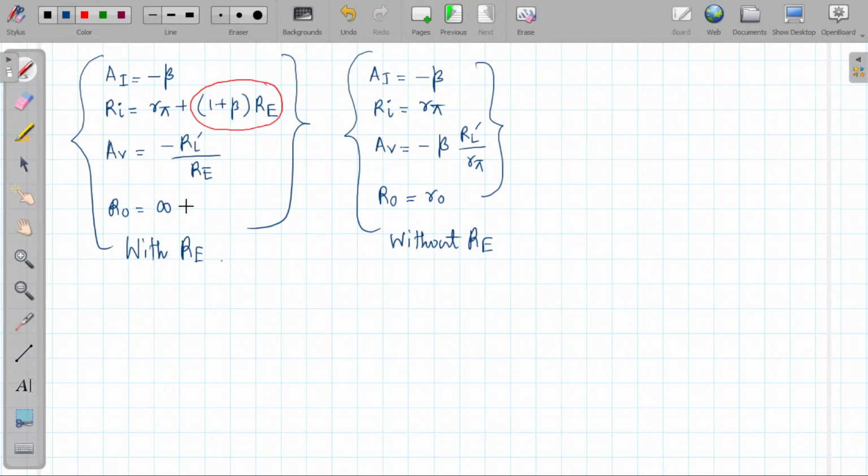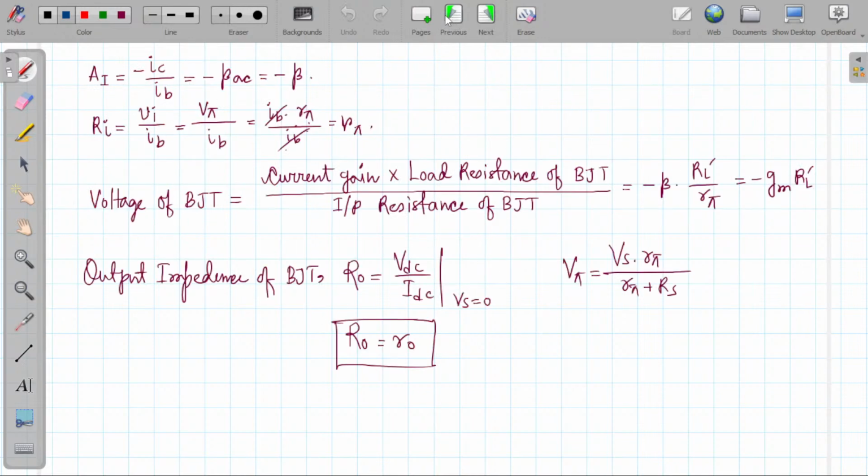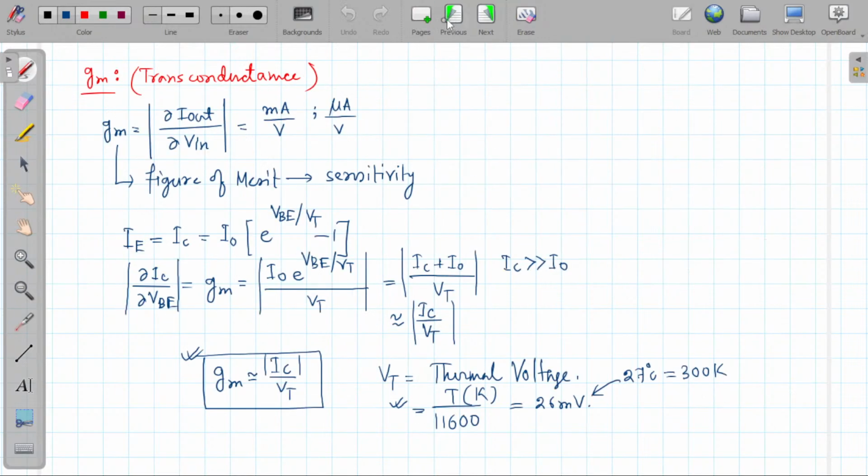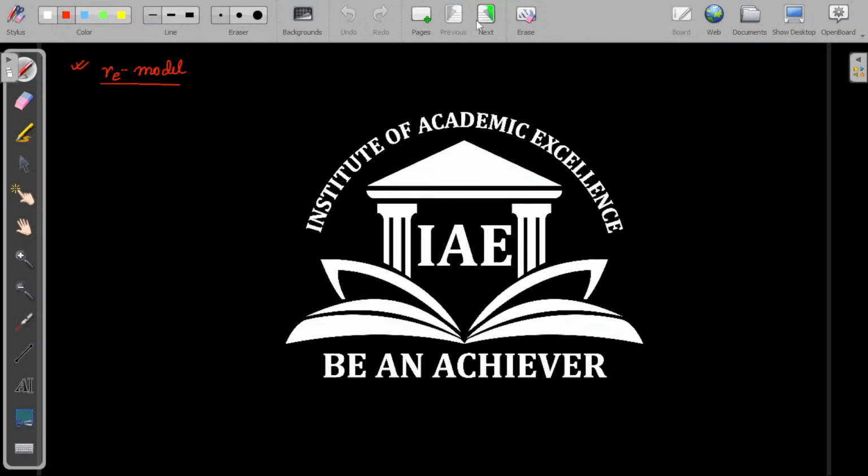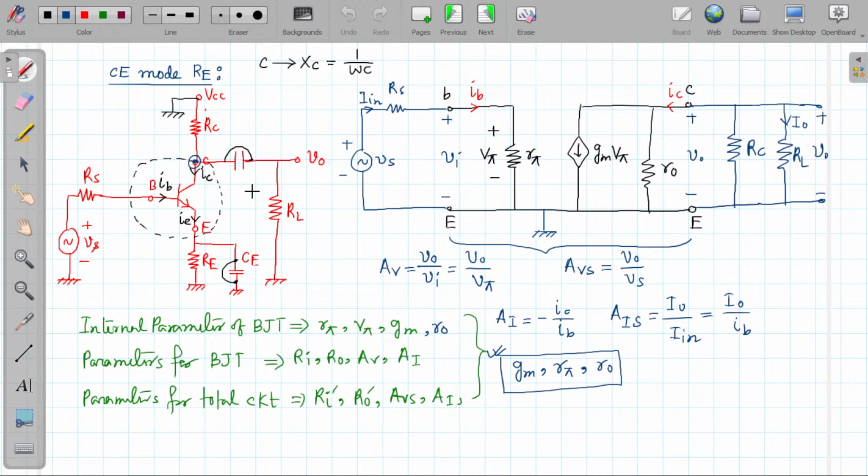First of all, for the semester examination, you have to understand these 4 parameters: R pi, V pi, GM, and R0. And you have to calculate these internal parameters for the individual circuits: Ri, R0, voltage gain, current gain.